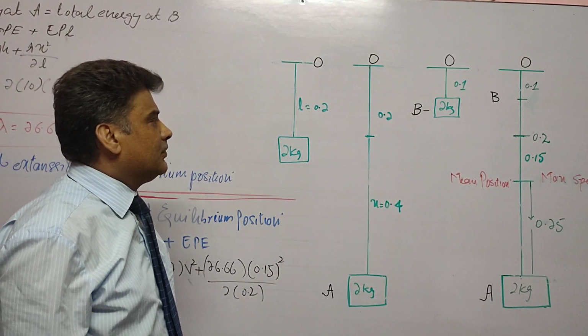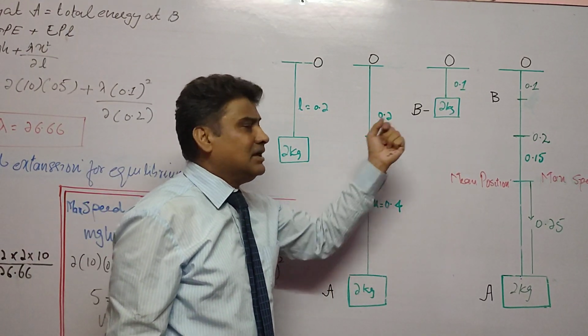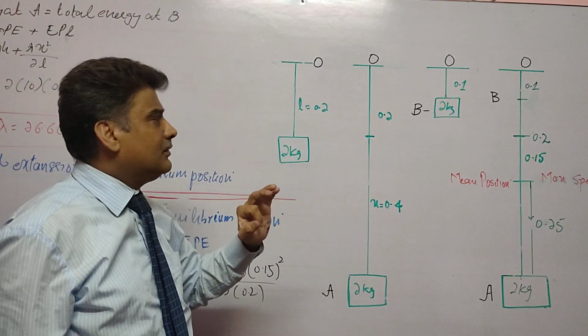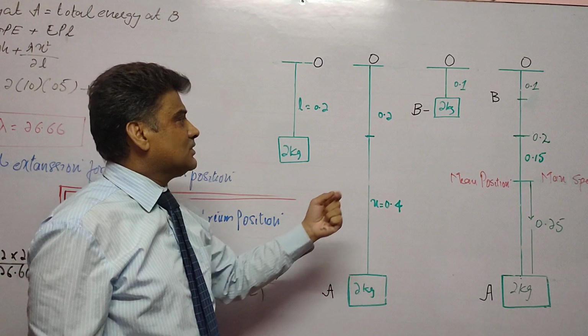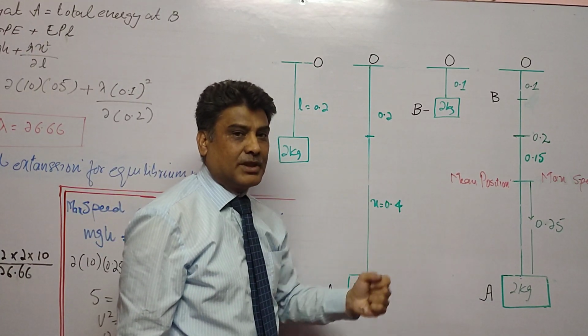So, the total energy at the point B will be equal to the sum of gravitational potential energy and elastic potential energy.